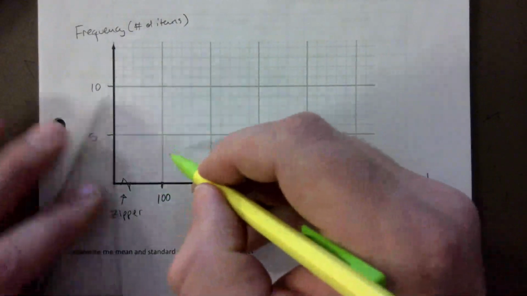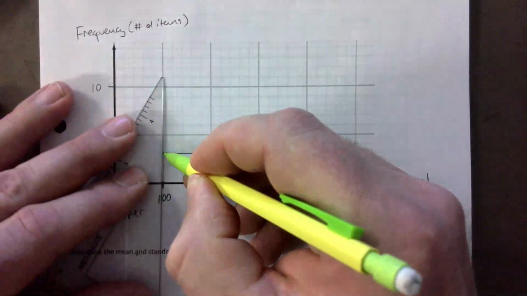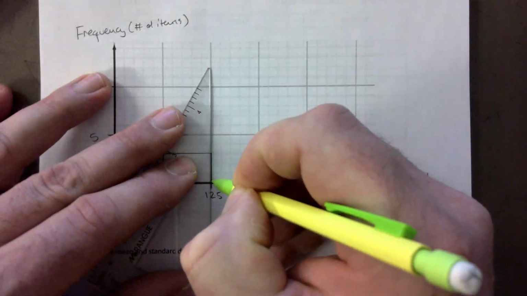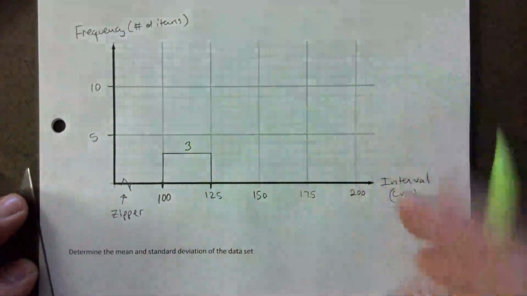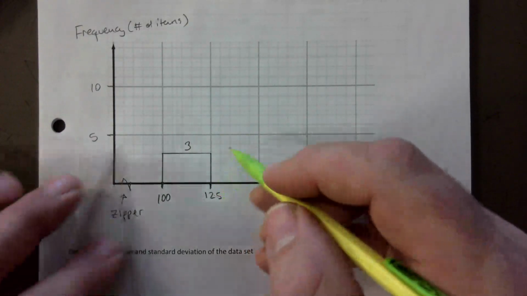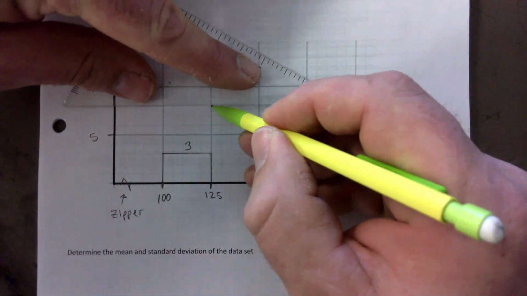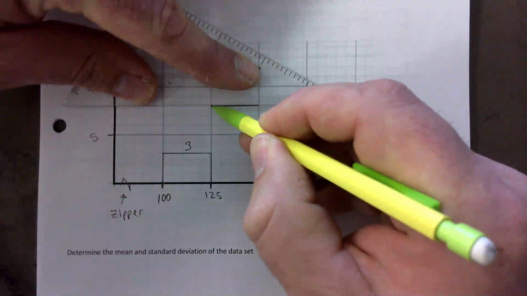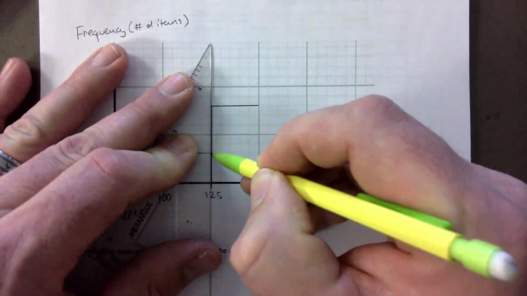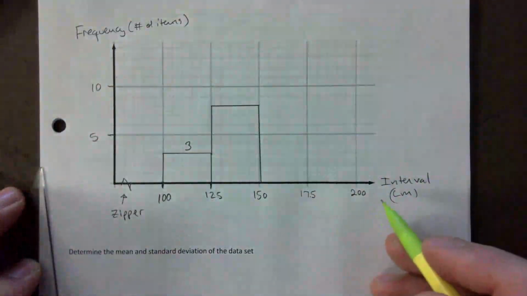Then this goes up to 3 here. And I usually put down the value on top of that bar. And then you have 8. So I'll just kind of cap it off. Right here is 8. And I'll just come down right next to it, just like that.